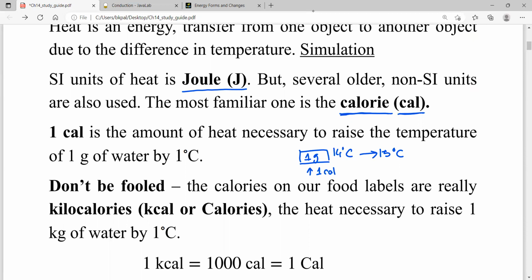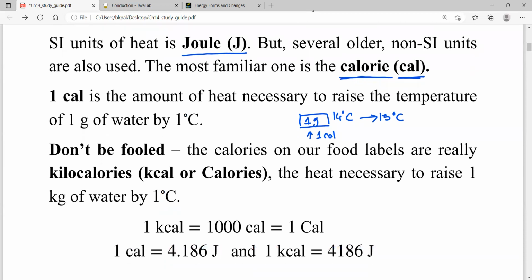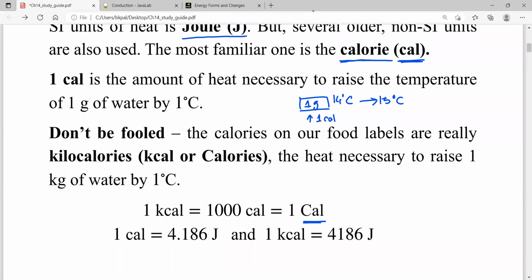To differentiate between the calorie in physics and the calorie on a food packet, we use small cal for the physics calorie and capital Cal for the food calorie. So capital Cal means food calorie and small cal means our physics calorie. And how are they related? 1 food calorie is equal to 1000 physics calories. So remember that they are two different things.